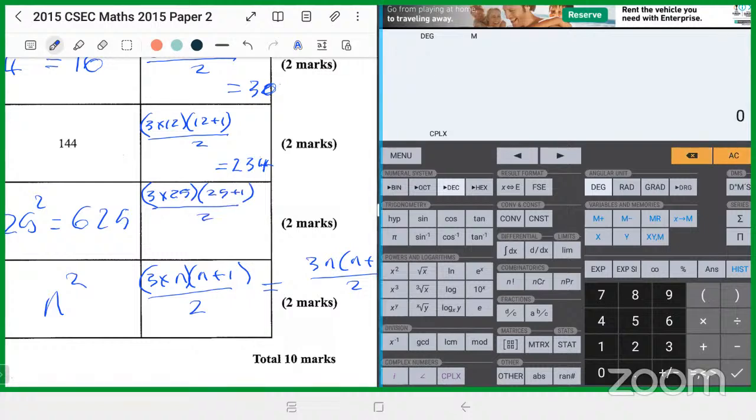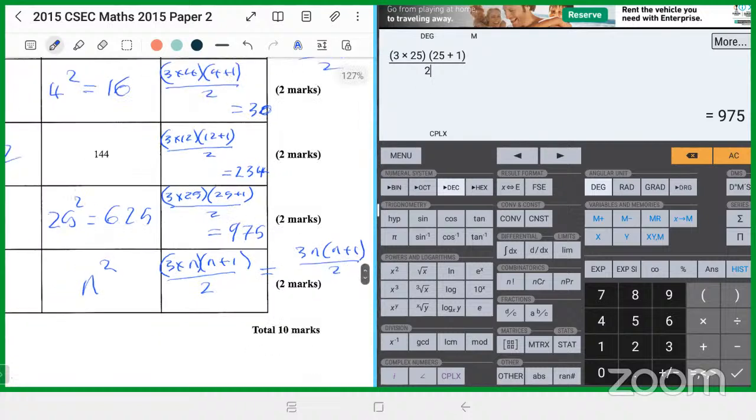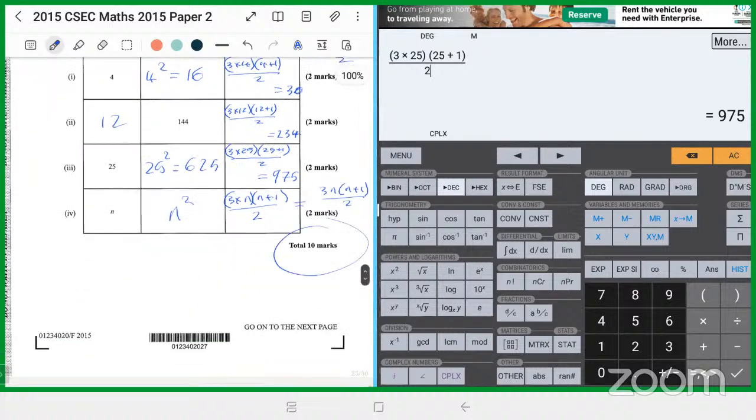Let's write that out again. 3 times 25, let's bracket it up, plus 25 plus 1, over 2. This is 975. First and done.